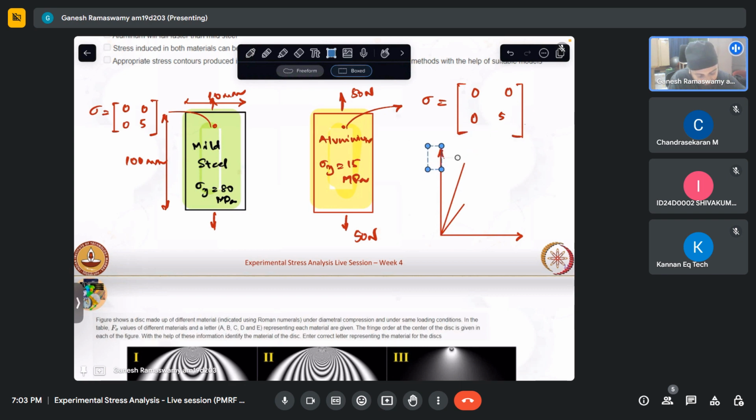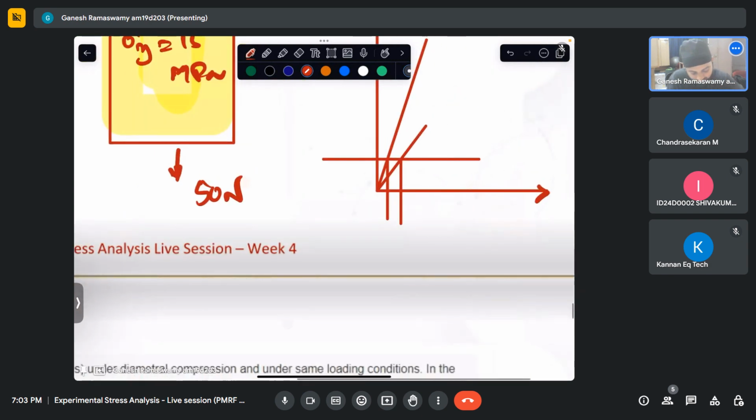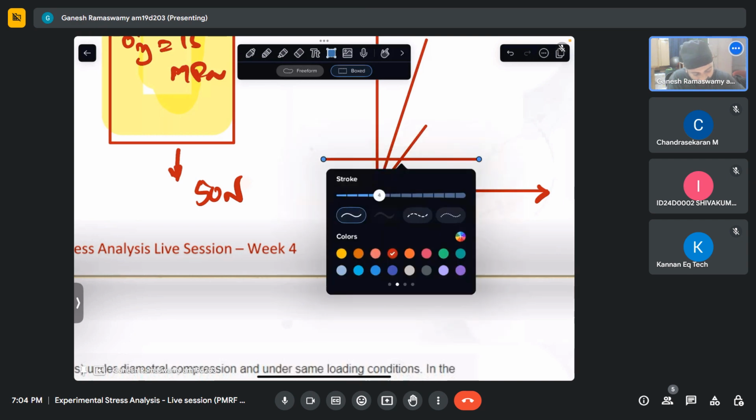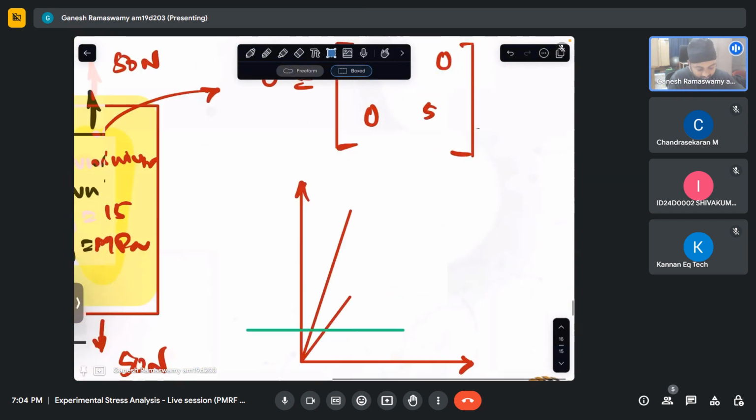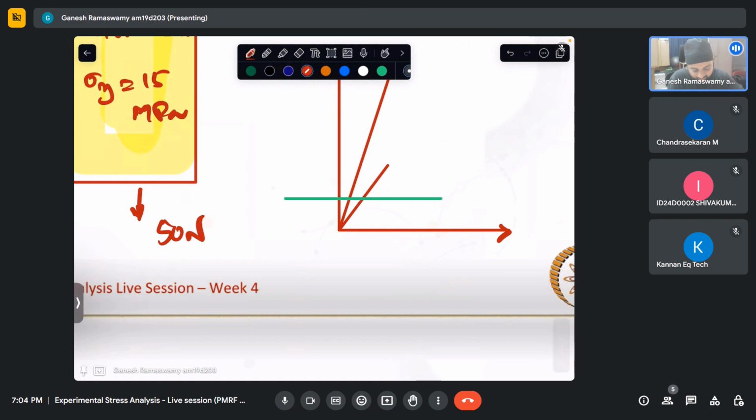Now if the stress in both cases is the same, can the strain also be the same? Essentially what I'm trying to say is this is the line representing the same stress in both the materials, which is 5 MPa, let us say. In such a case, strain in steel is this much, strain in aluminum is higher. So strains are not the same.